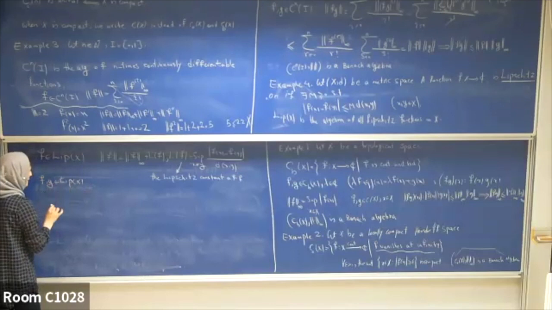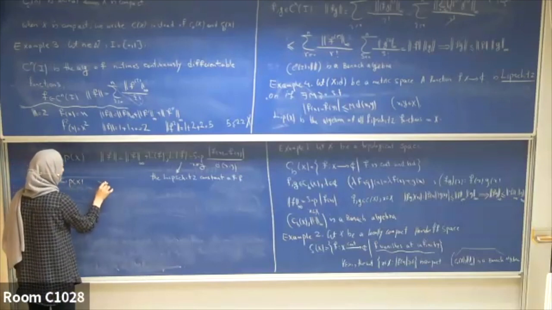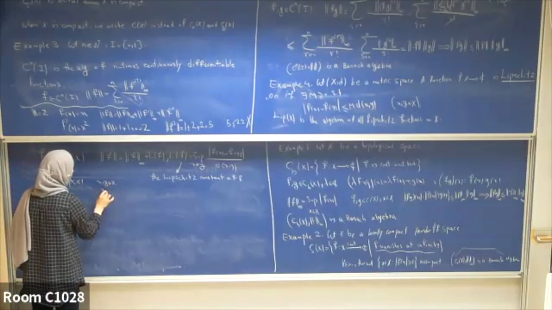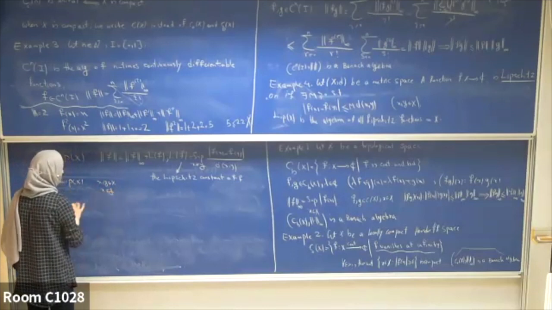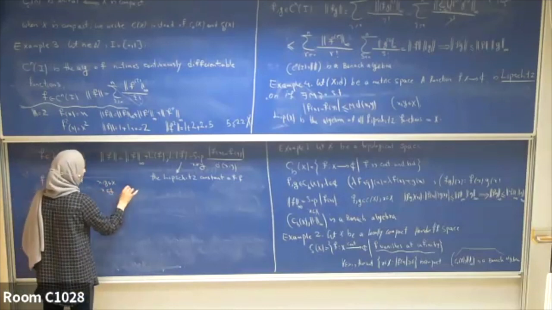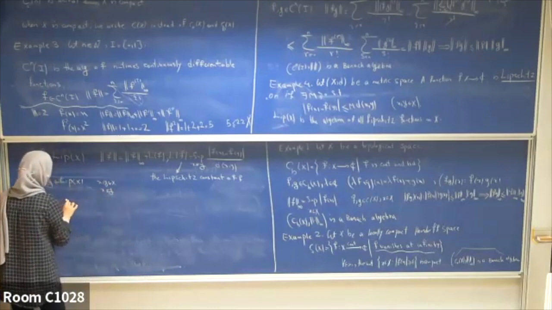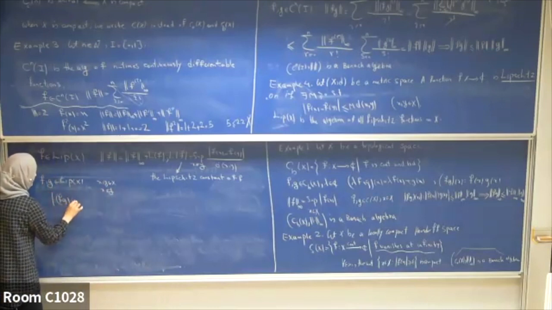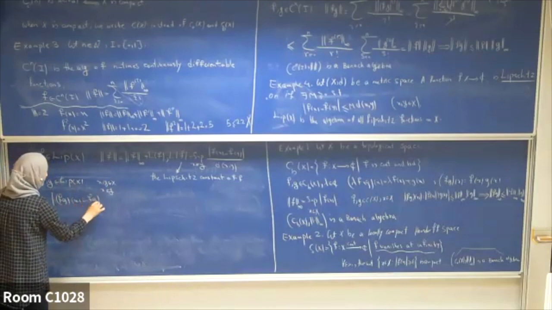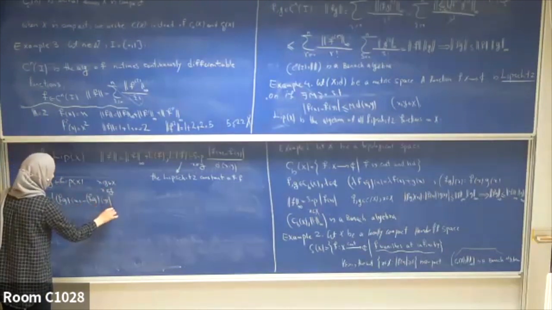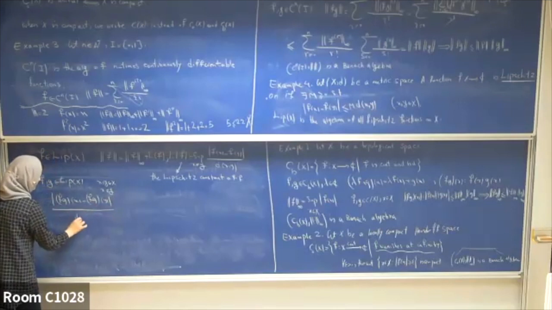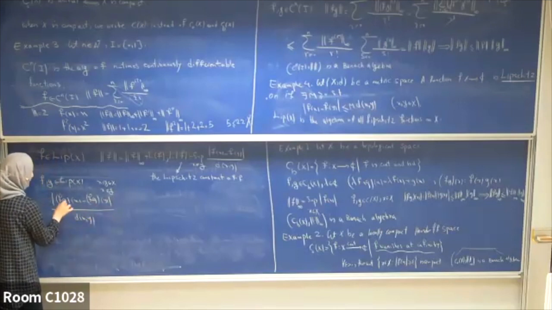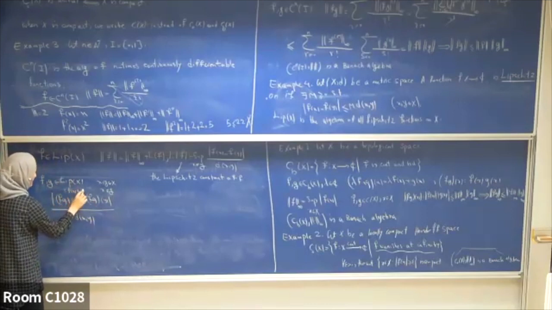So if x and y in X are distinct, we can write (fg)(x) minus (fg)(y) over d(x,y). Let's, for example, add and subtract f(x)g(y).